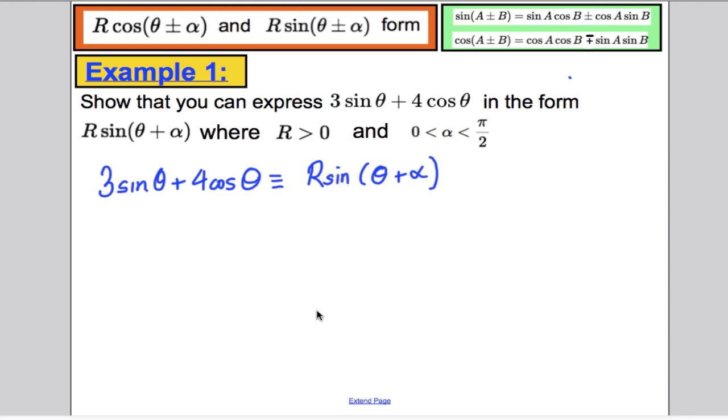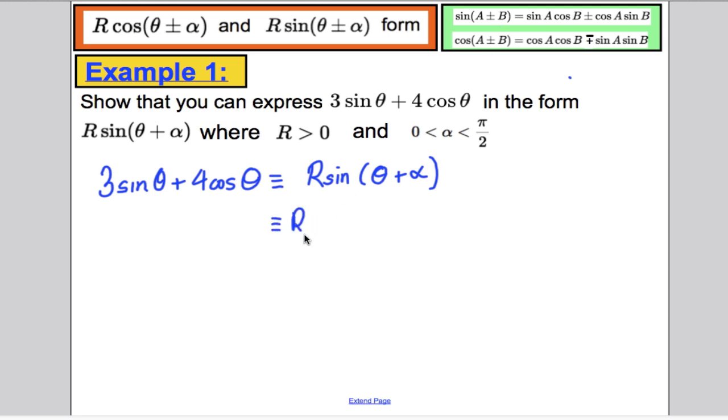Now, the only thing we could do here, we could try and expand this using the addition formulae, because we know a formula to expand that up here. sin(A plus B) is sin A cos B plus cos A sin B. We could use that formula with A the same thing as theta and B the same thing as alpha, and we could expand it. So let's give it a go.